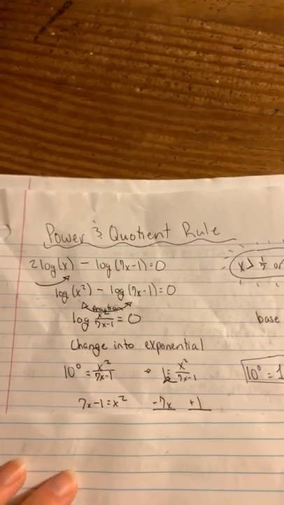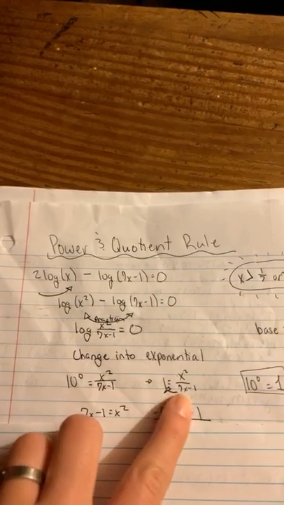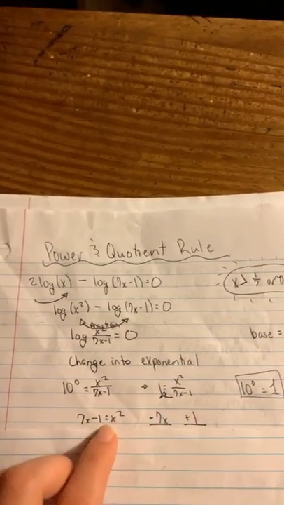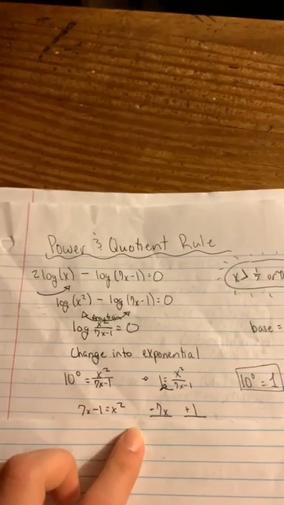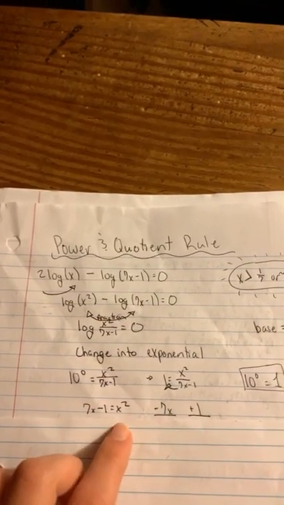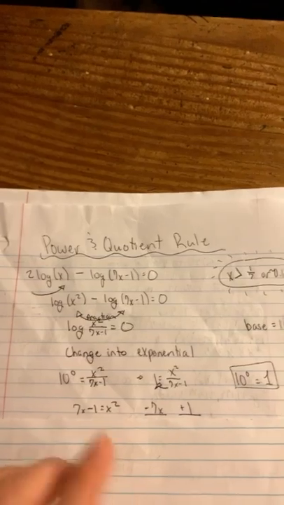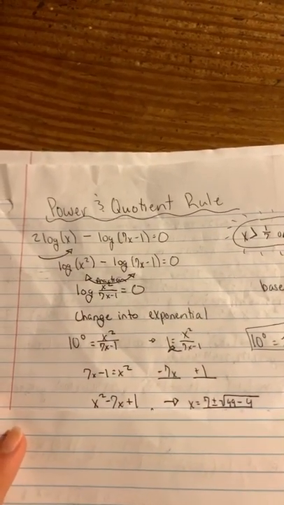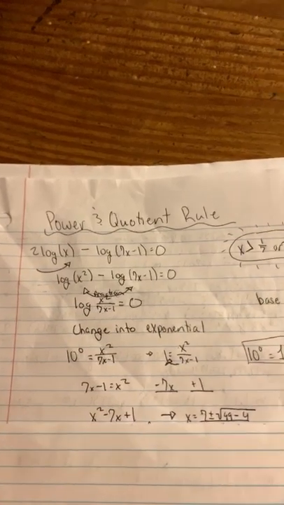Moving down, we can multiply 7x minus 1 times 1 to equal x squared, and then we can subtract 7x from this side and also add 1 to both sides, and we get x squared minus 7x plus 1 equals 0.